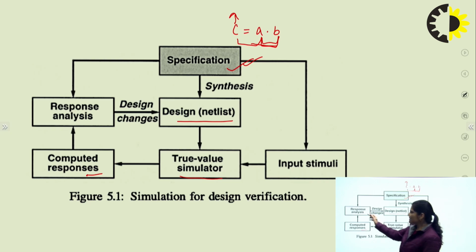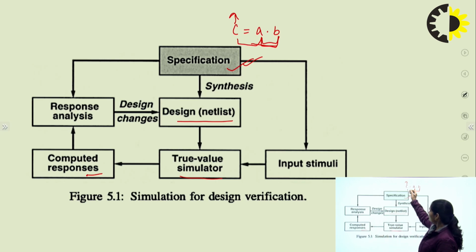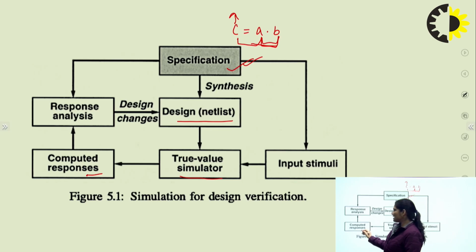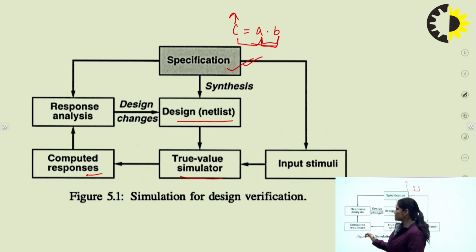Now the response analyzer. So here this is the output for this AND gate, the computed response C at this step. But here is a response analyzer, which means we have to compare the actual response and the computed response. We have to analyze these two, taking a comparison between them.